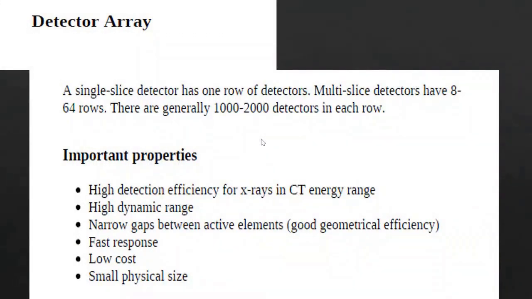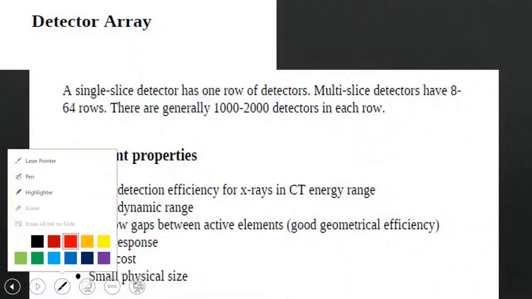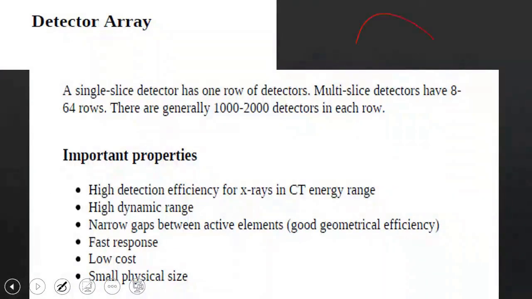All right, the second point: here is the patient, and here is the X-ray tube, and here is my detection device element. As you can see, the detection device element should be smaller.